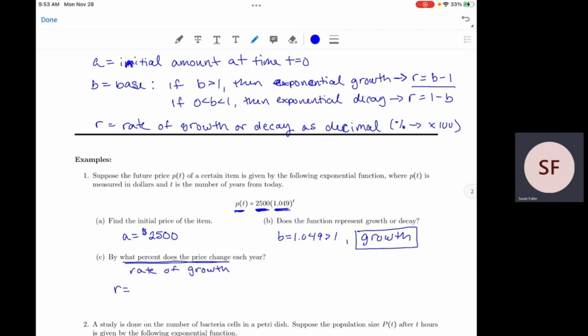So R equals our B value, which is 1.049 minus 1. That means our R value is 0.049. To write that as a percentage, we're going to multiply that by 100, and that's going to give us 4.9%. So that means each year the price of this thing is growing by 4.9%.